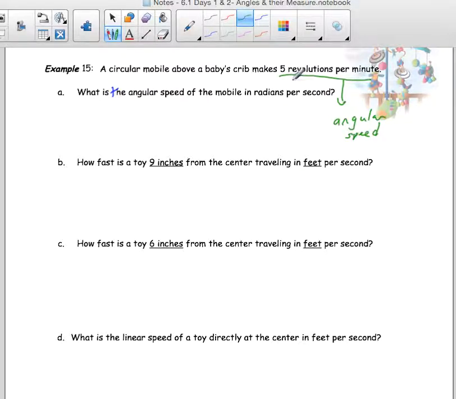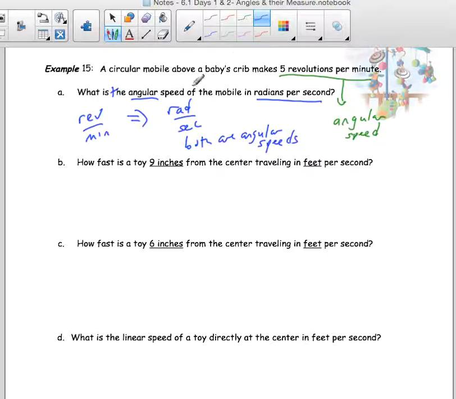Right? So we're given that in revolutions per minute, and in part A, we're converting to an angular speed with different units, which is radians per second. So we're converting from revolutions per minute, 1 unit of angular speed, to another, radians per second, where both are angular speeds. And we did that conversion in class.